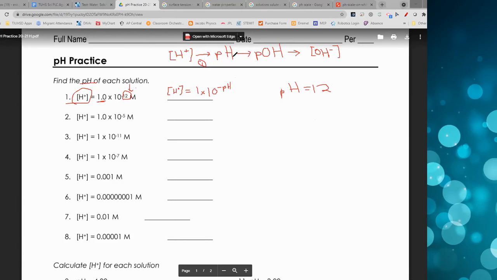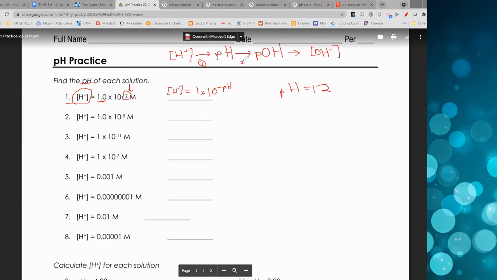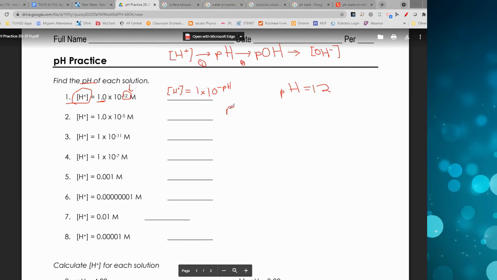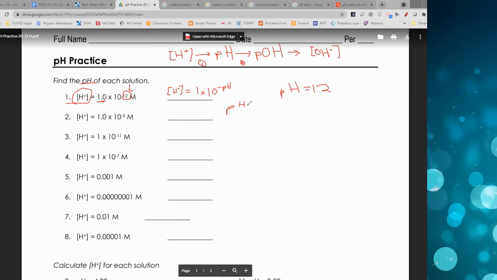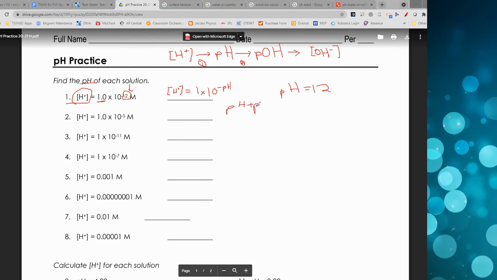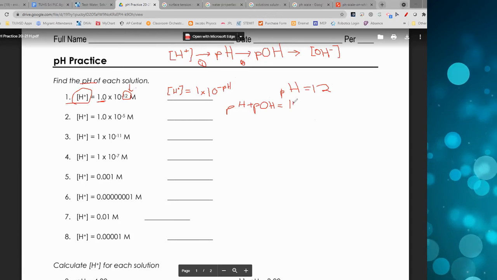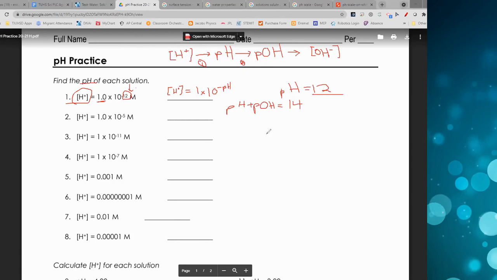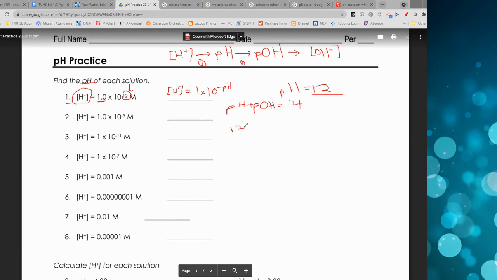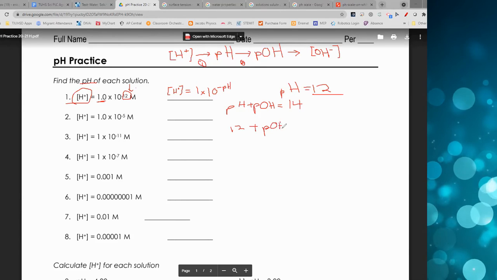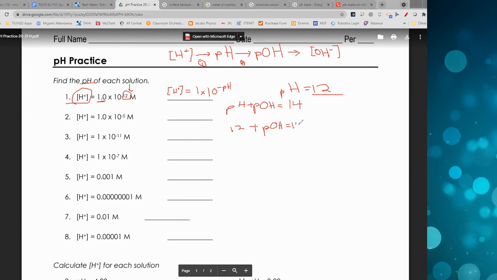Now, the second one is if I know the pH, I can calculate the pOH, because the next equation I need to know is that the pH plus the pOH equals 14. Well, I already know that the pH is 12, so I put a 12 here. 12 plus my pOH equals 14.